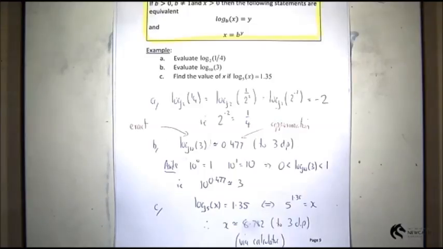B says, what power must 10 be raised to give e? And the answer is, I have no idea, but my calculator knows it. And so via my calculator I'll say this is approximately 0.434 to 3 decimal places.